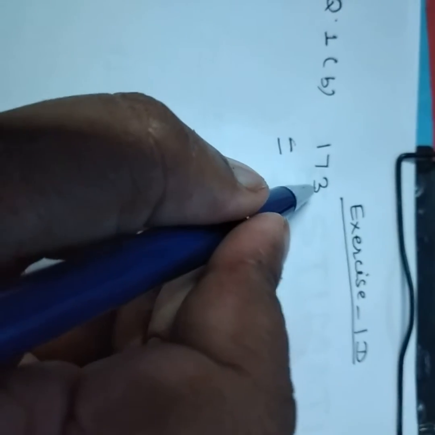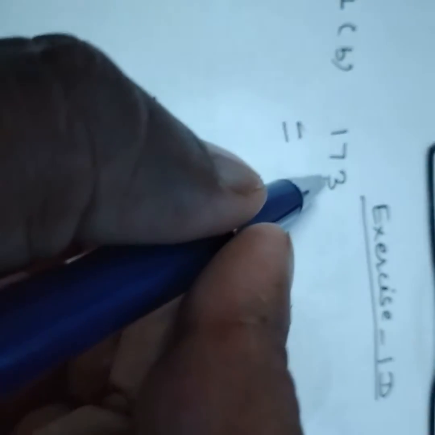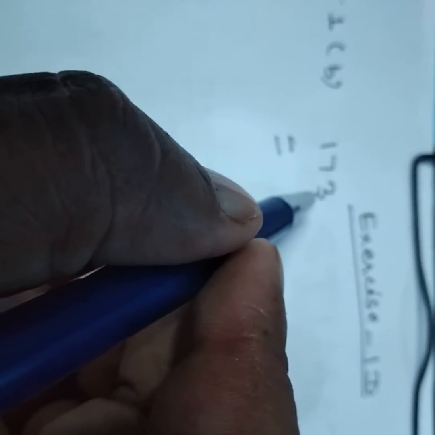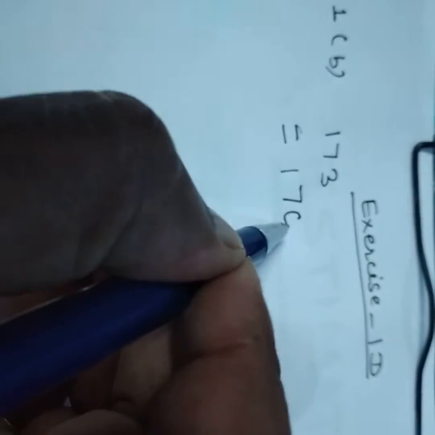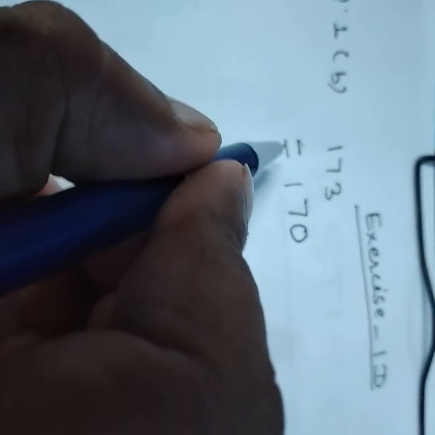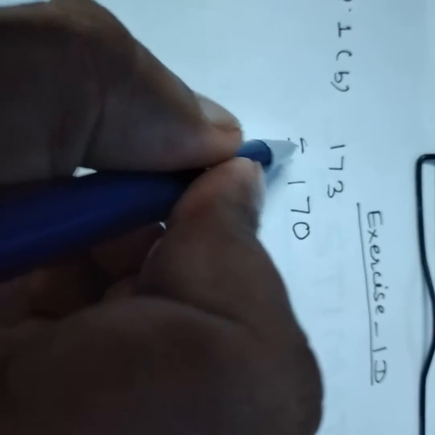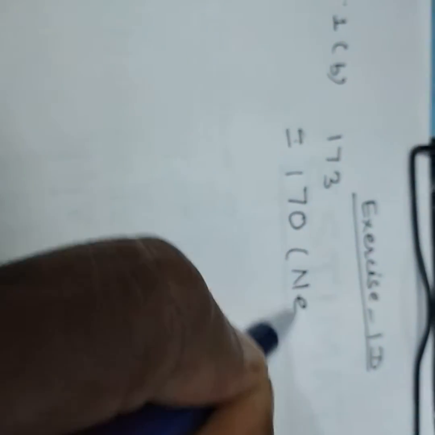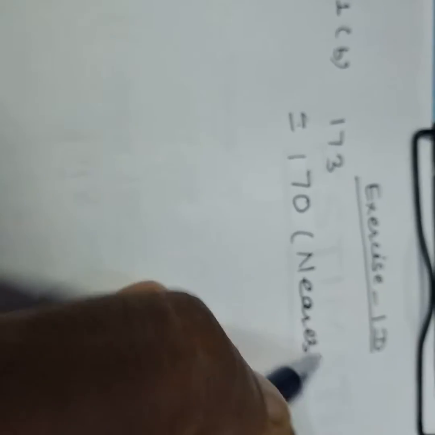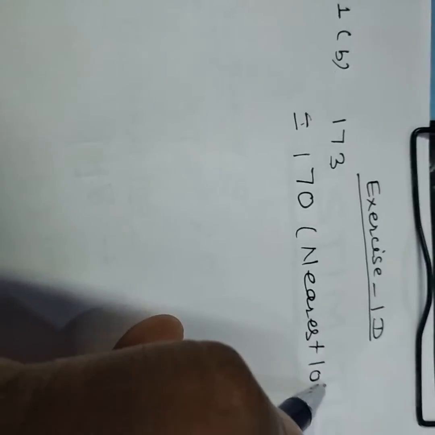Nearest 10 means we look at the ones place, and the ones place is 3. So it is less than 5, so it will be 170. And this one is the nearest 10.